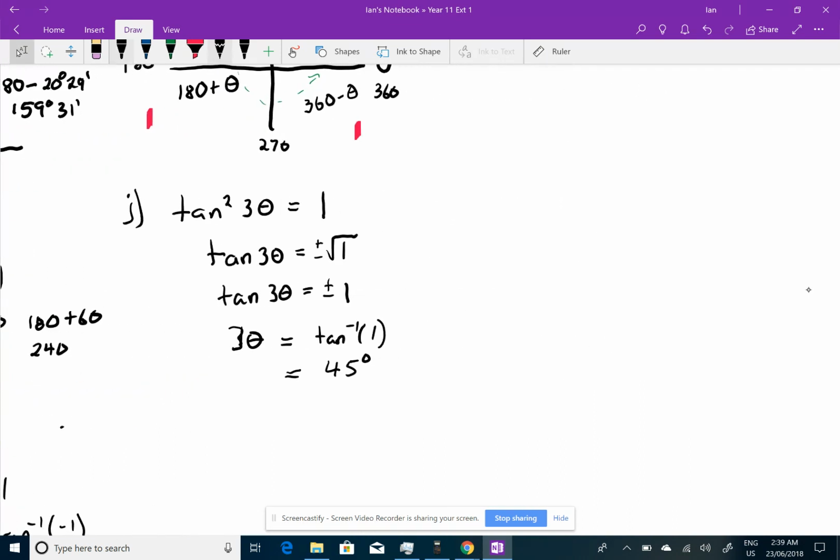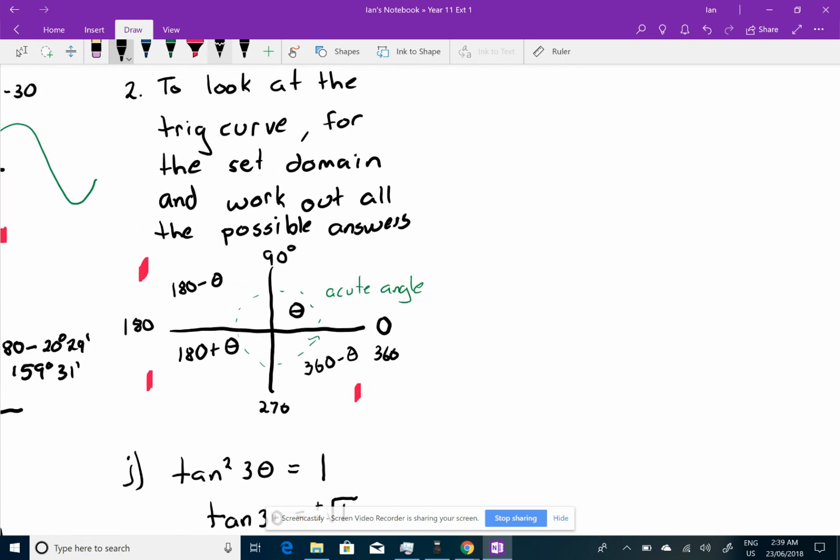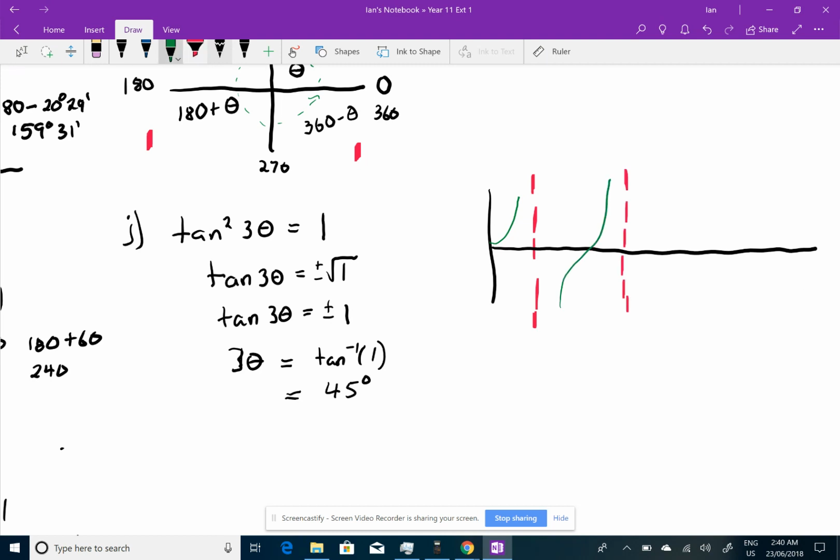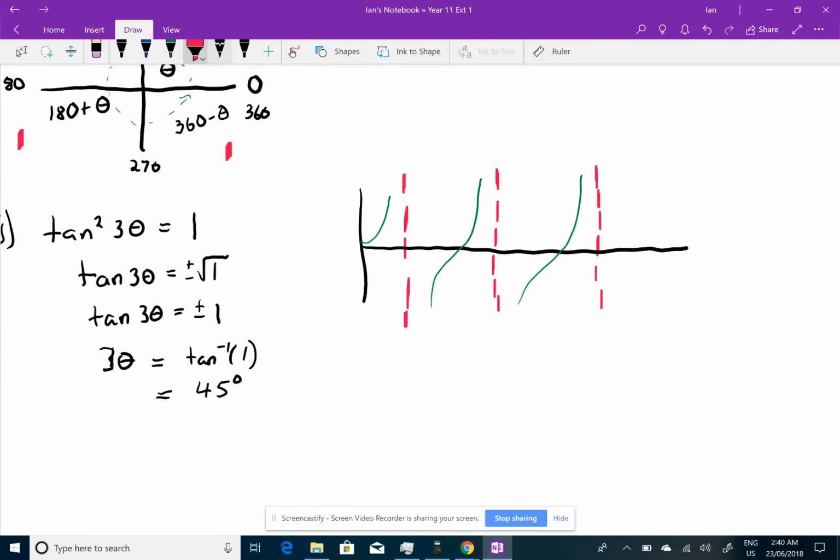So my second step is to look at the trig curve, and I draw it. I'm only doing a rough drawing, only so I can see what's going on. I'm going a bit beyond what I need to, and you'll see why in a minute.